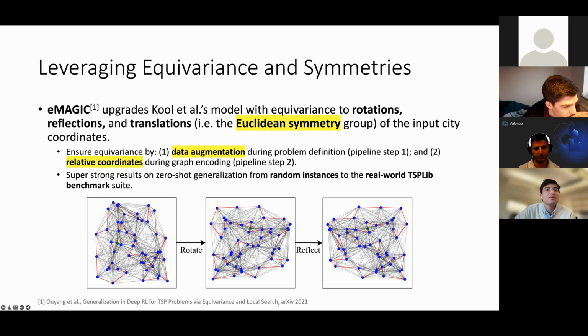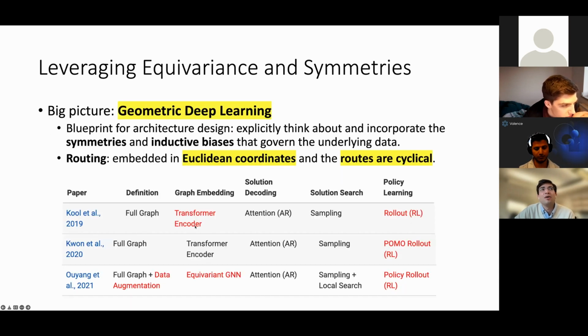So this was a very recent paper, which was adding equivariance or this lens of symmetries into the mix. And the big picture here is geometric deep learning, right? This is a big idea in deep learning these days, and it's telling us to explicitly think about and incorporate the symmetries and inductive biases that govern data. And for routing, some of the symmetries are that these are embedded in Euclidean coordinates and that the routes are cyclical.